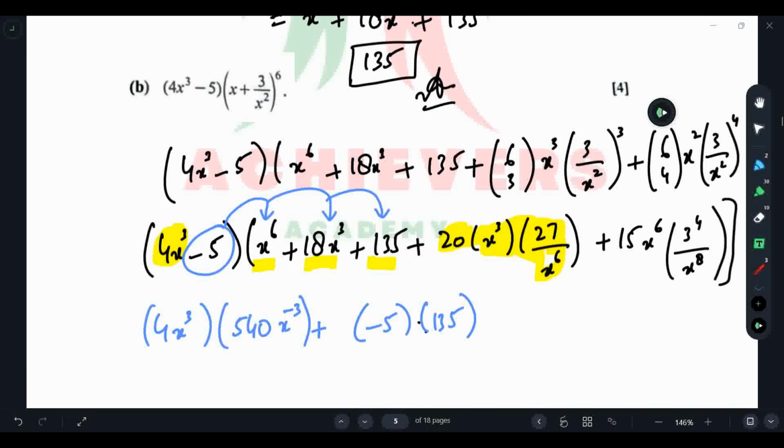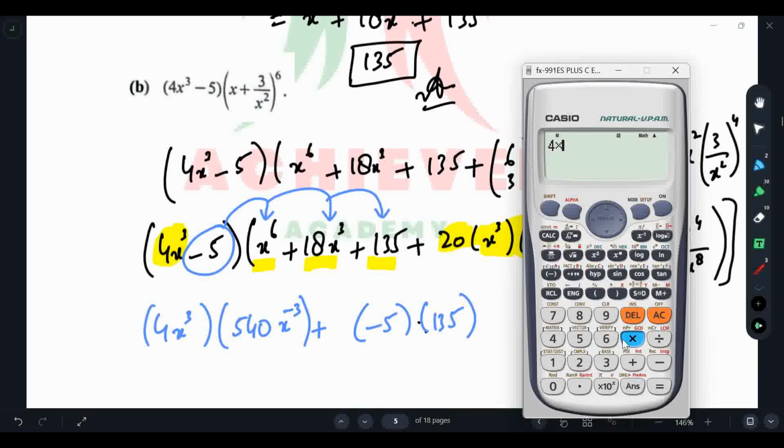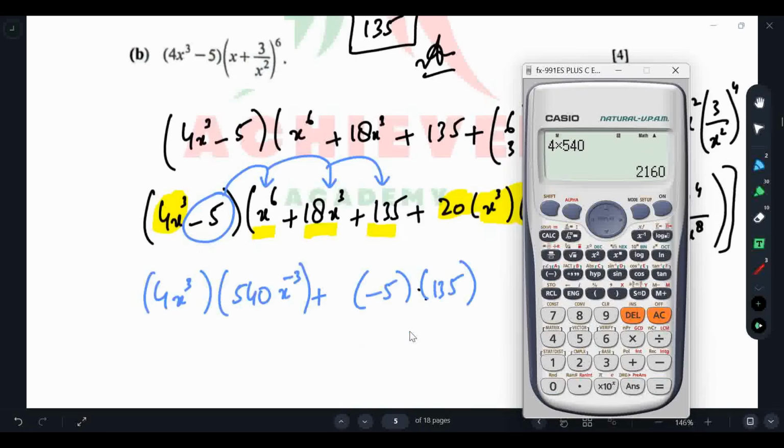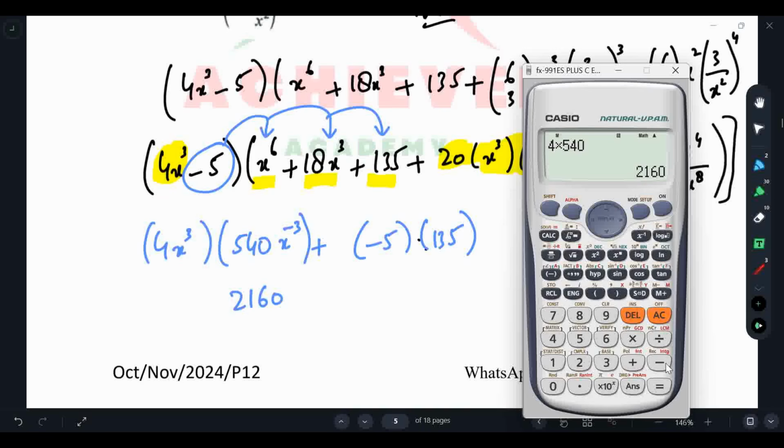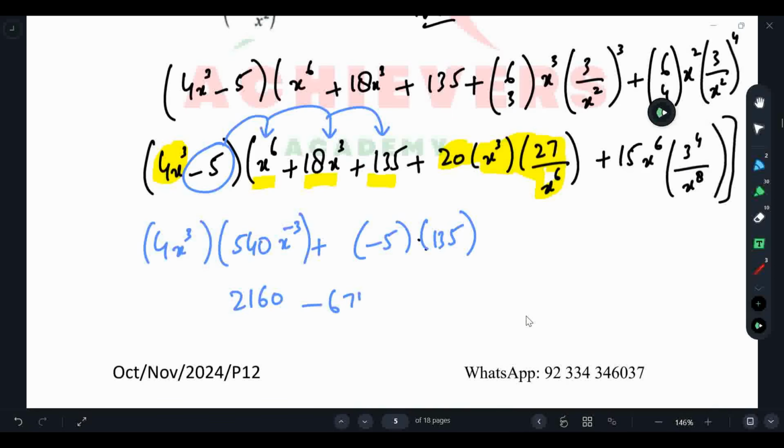So 4 multiplied by 540, we will get 2160. Now if we multiply minus 5 with 135, we will get minus 675.